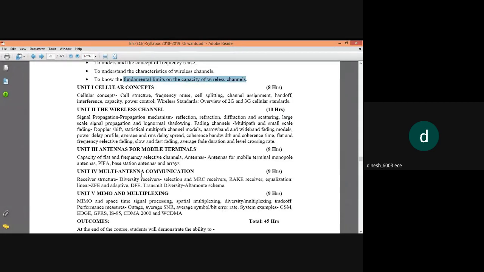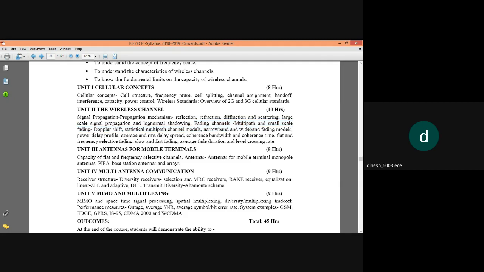In unit number 2, we'll be talking about the wireless channels, the mechanisms or the parameters involved, like reflection, diffraction, scattering of a signal. At the receiver, due to the presence of reflection, diffraction and scattering, fading occurs, which can be classified into large scale fading and small scale fading.